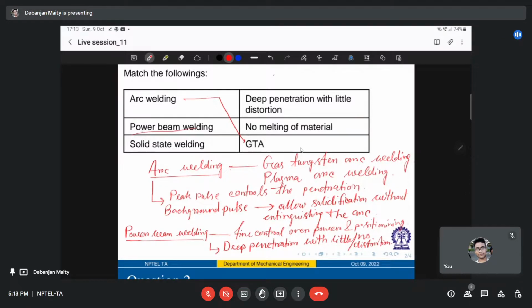So in power beam welding, it is deep penetration with little distortion.